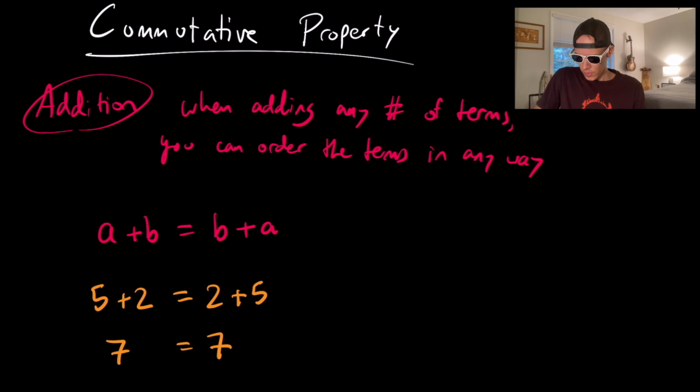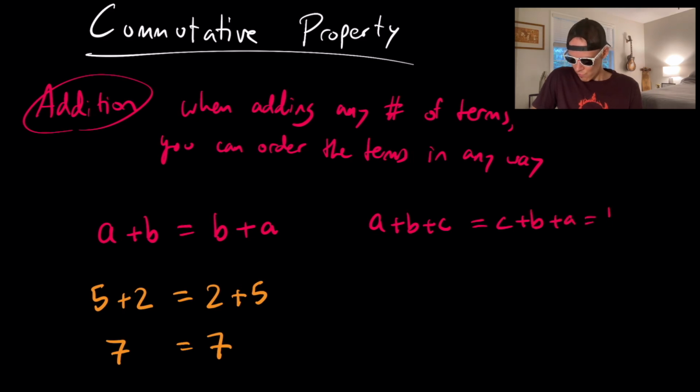I could also do more than one term. Let's say we could do A plus B plus C. Well, that's the same thing as saying C plus B plus A, or even B plus C plus A. Want to throw some numbers in there? Cool. Let's do 2 plus negative 3 plus 1.